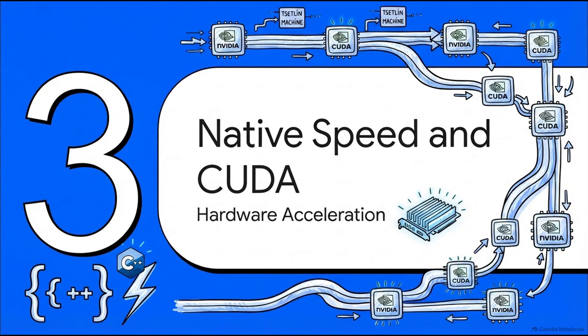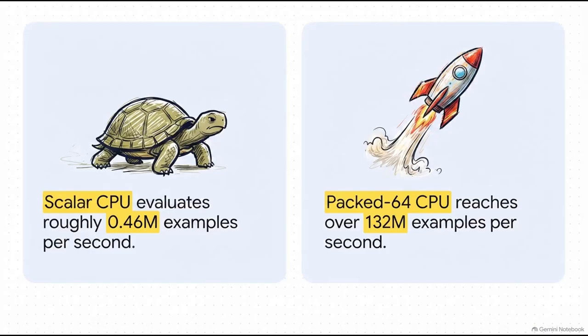Okay, Section 3, Native Speed and CUDA, hardware acceleration. Speaking of that hot inference loop, let's talk about native speed and how C++ accelerates all this logical evaluation. This right here brilliantly illustrates the power of actually aligning AI with hardware architecture. When evaluating the deterministic scalar baseline, the CPU processed about 460,000 examples per second.